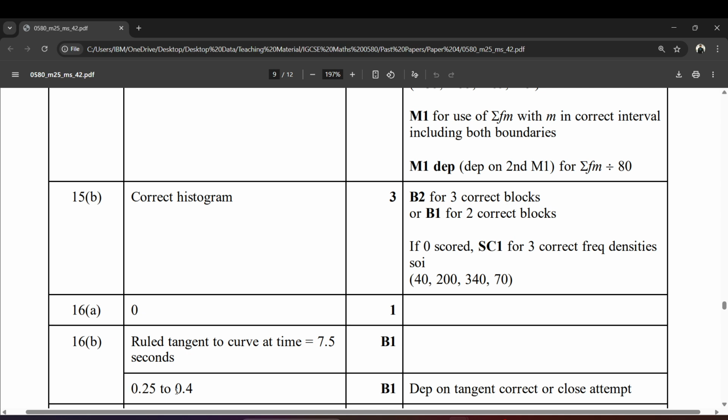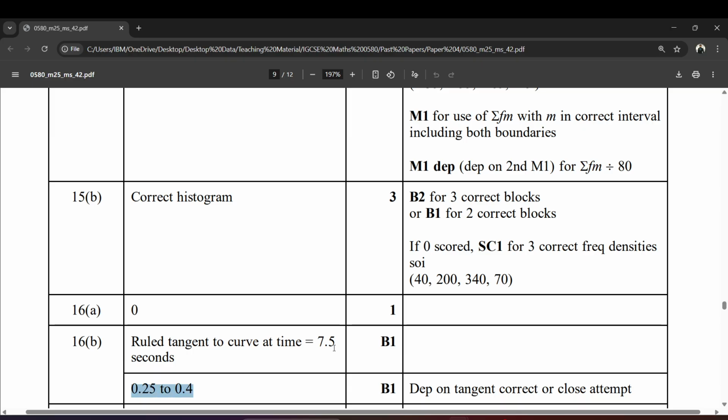So my answer was 0.3, so that lies within the range. If you're doing this paper by yourself right now, try to see what value you get by your calculation, by your straight line tangent, and then see if it lies in this region or not. If it does, and you don't get 0.3 like me, still if it is within this range, then that's a correct answer.